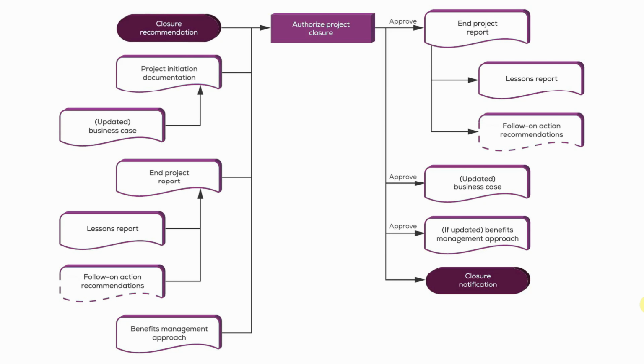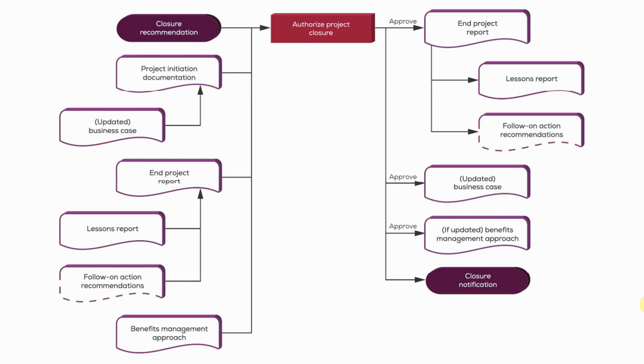So you'll see the closure recommendation is what triggers the activity, coming from the project manager to say that the activities of the closing a project process have been carried out and they're recommending project closure. It's up to the board ultimately to finally issue that. But all of the content on the left here, the updated business case, which forms part of the project initiation documentation, the end project report, which will include the lessons report and any relevant follow-on action recommendations, together with the final version of the benefits management approach.